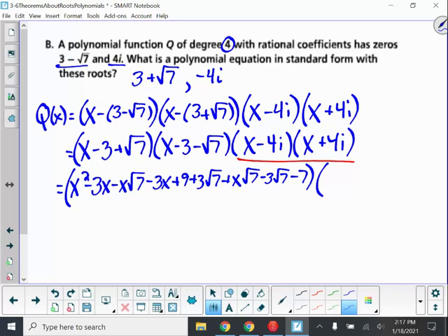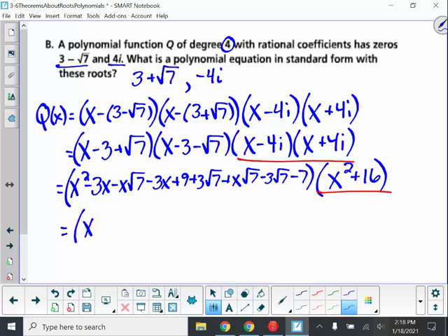Then when I multiply the x minus 4i times the x plus 4i, that's actually a difference of squares. That's going to be x squared plus 16. So that becomes just x squared plus 16. You could do the x squared plus 4xi minus 4ix, but the plus and minus with the i terms, they disappear. They add out.